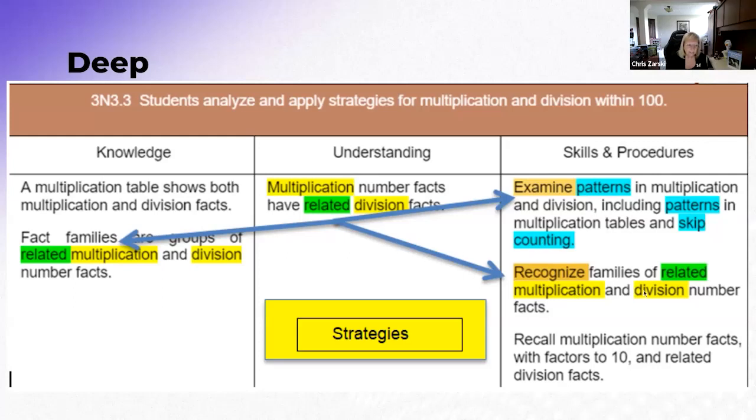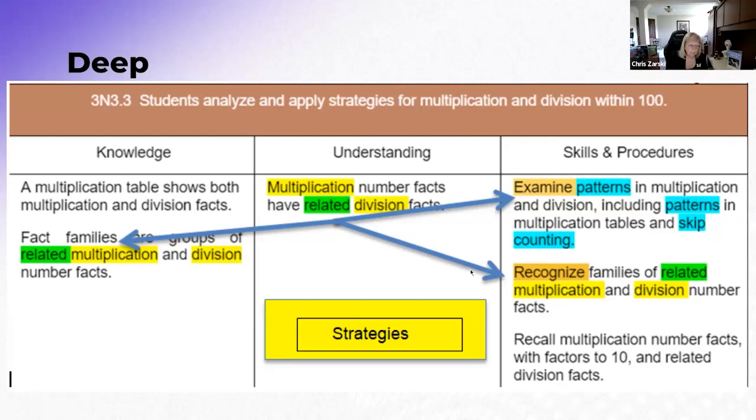When I look down here, it says talk about recognizing families. What are families? So how do I recognize a family? If I know the 4s, how does that relate to the 8s? And so on. So again, that word relate shows up over here. Fact, families, related, multiplication and division. So these become our deep.